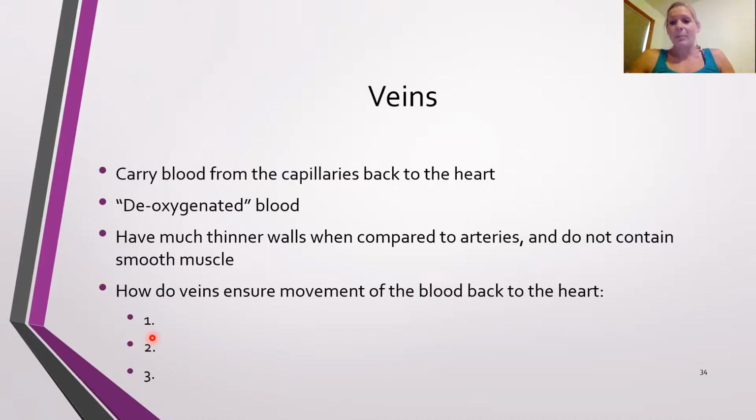Thoracic respiratory pump is kind of the same situation as the skeletal muscle pump, but now we're talking about what's going on within the respiratory region. So again, when I breathe in and take a big breath in, think about the amount of pressure that I'm building in that particular area, right? So with this thoracic respiratory pump, as I inhale, particularly if I take big breaths, that's going to facilitate more pressure as well, and that's going to help us to facilitate movement of blood back to the heart.